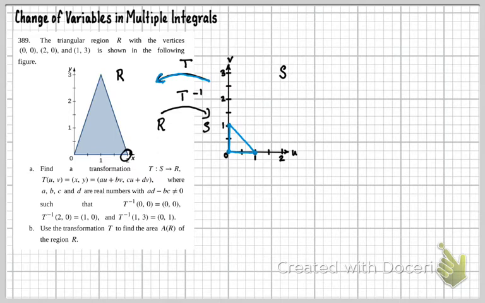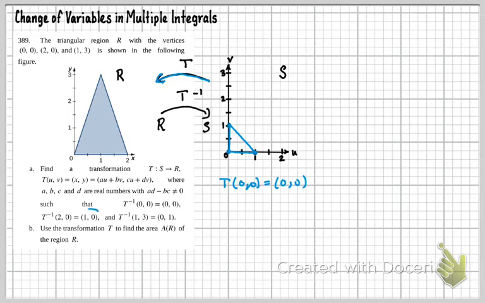Now we're going to come up with a nice little system here. It's not going to be a big deal; we're just going to use a little bit of algebra for the most part. If these are T inverses that equal the components in S, then T is going to take this here and map it to there. So T of (0, 0) is going to equal (0, 0).